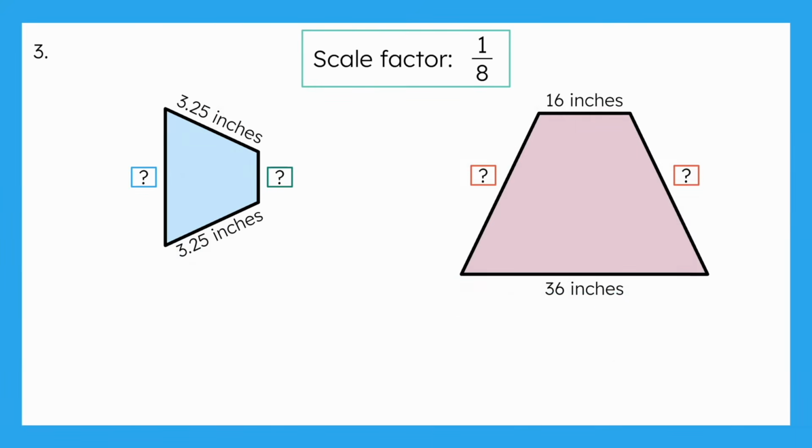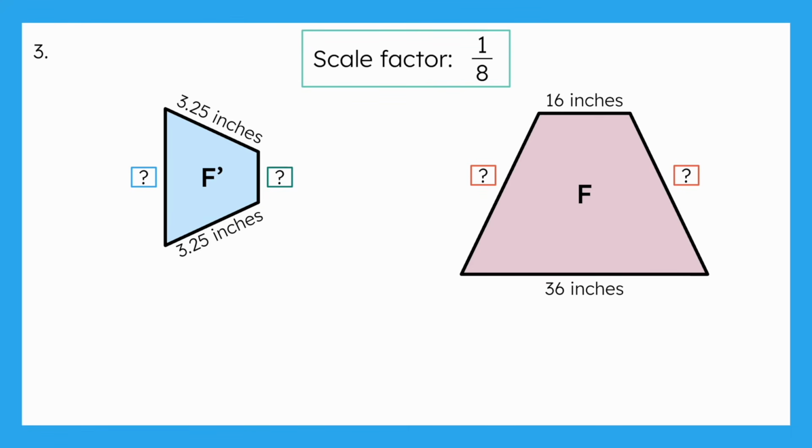The same designer also wants to include flower beds in the town square. Here's their design. Remember, in this case, the real-world design is the pre-image and the blueprint is the image. As another way of labeling the figures, we can use prime notation and label them F and F prime, like this, to help us keep track without having to write out pre-image and image.